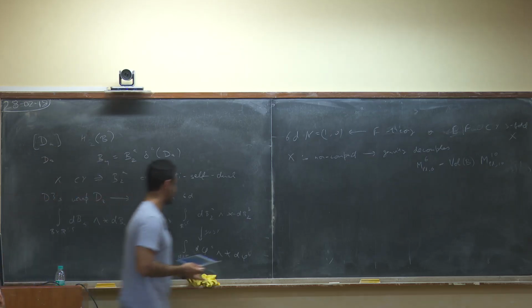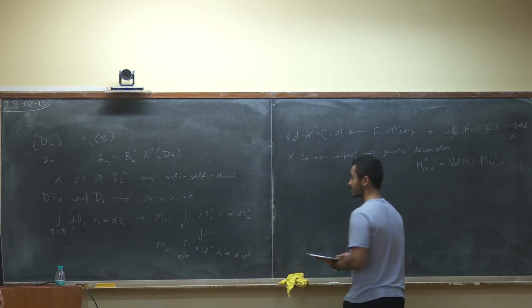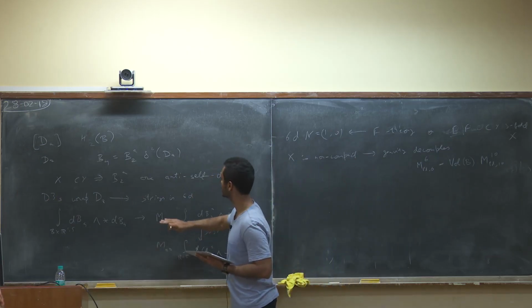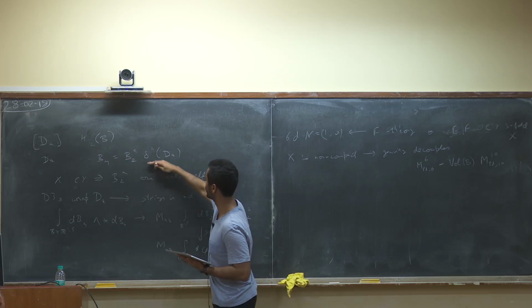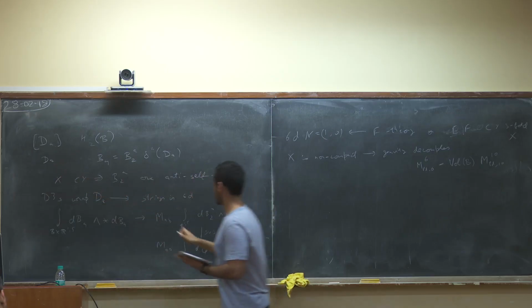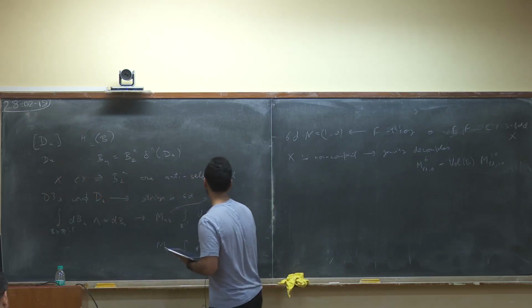And so from this, you see that you obtain some restrictions on MAB. So what is this MAB first of all, right? This MAB is supposed to be the intersection number of these DAs, right? So this is the intersection form.